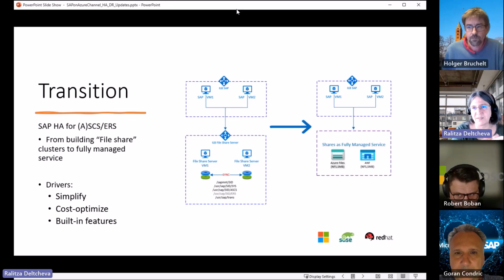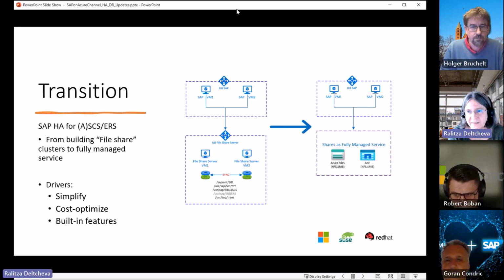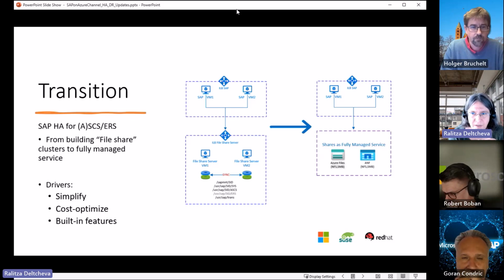And if we start with the application layer for SAP, we have been on a journey the last several years to transition to reference architectures for high availability, which focus on simplifying the architecture, optimizing from a cost perspective, and to rely more and more on the built-in features.